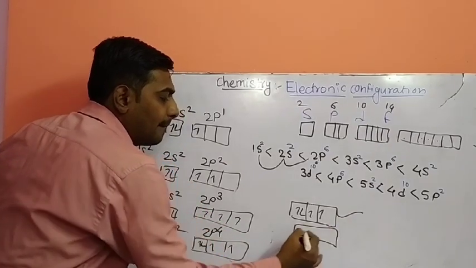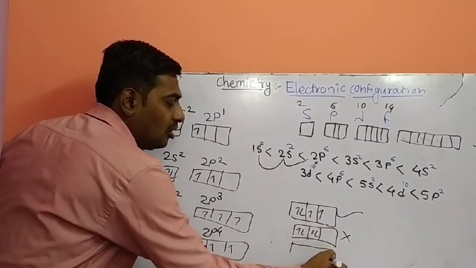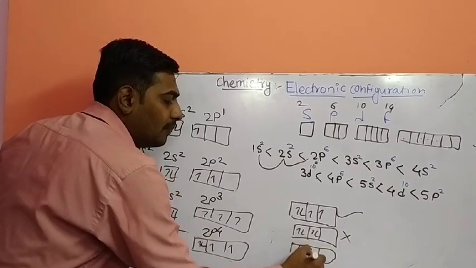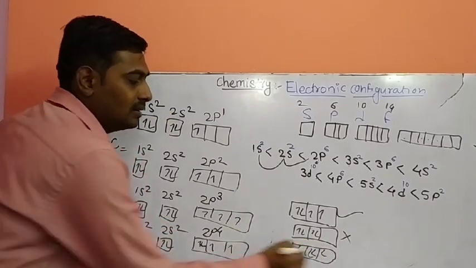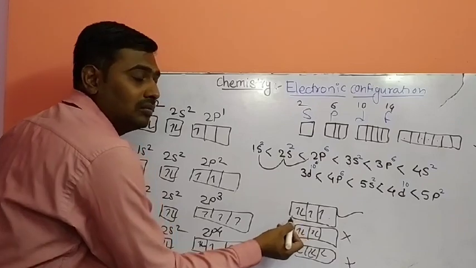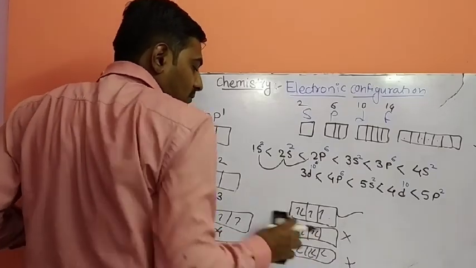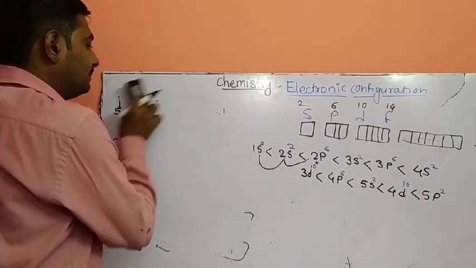It is a wrong way. This is wrong. This is also wrong. This is correct. 1, 2, 3 and then 4. Next to this, atomic number 9.